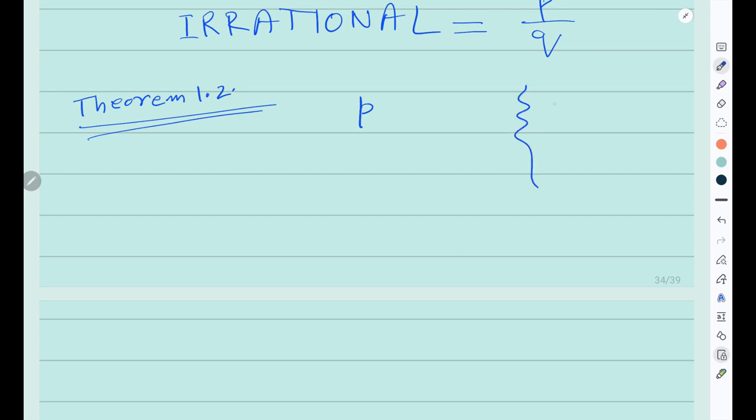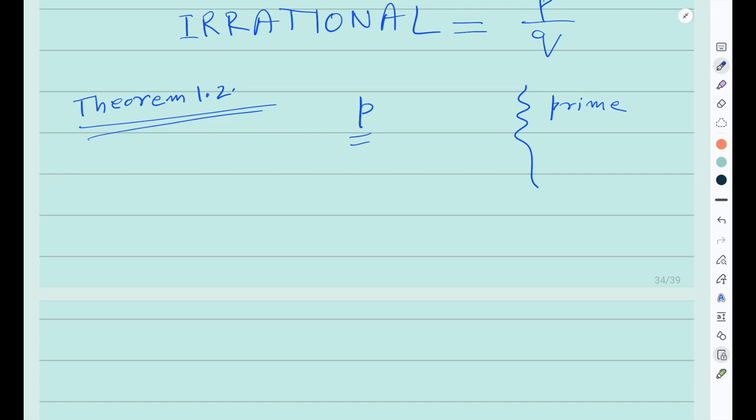What is a prime number? A prime number is a number which cannot be further factorized. We already saw this in the last video. So let P be a prime number, then it goes on.